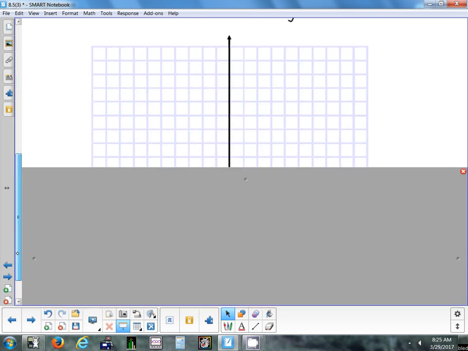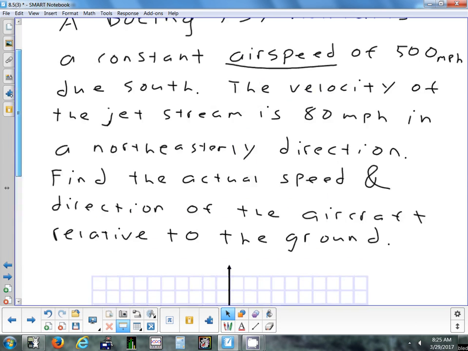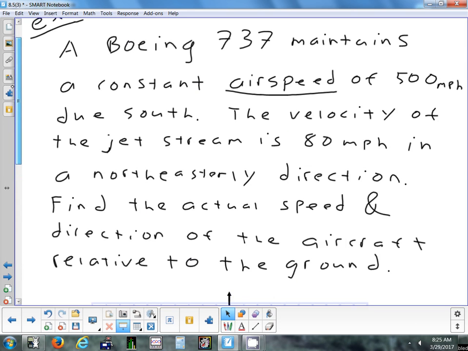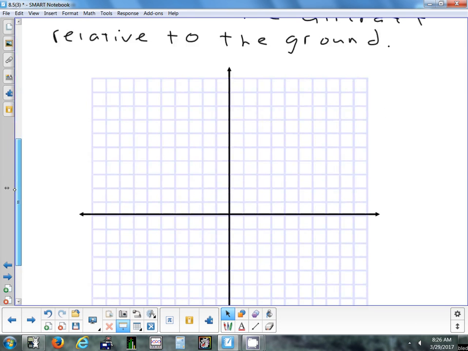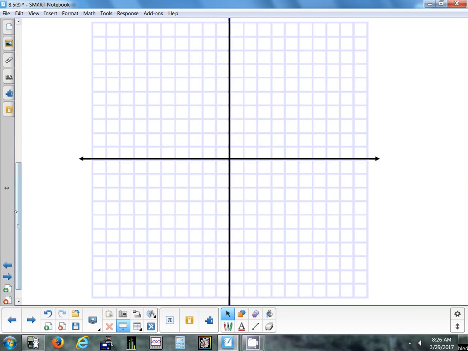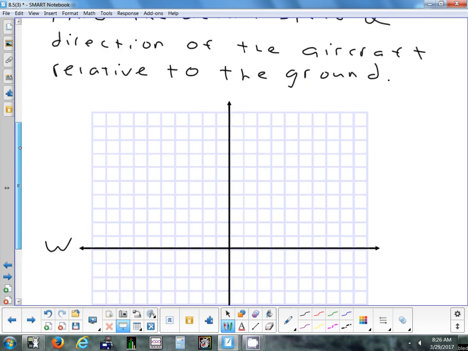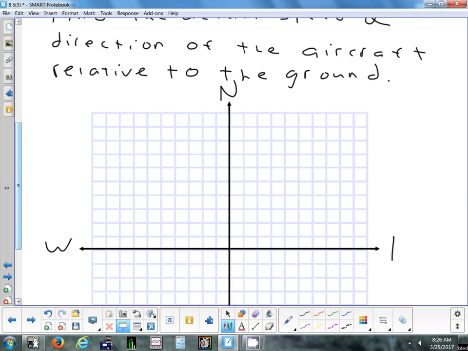Okay, so I'm going to draw all this out on here. So the first thing is I have a plane flying 500 miles per hour south. Okay? Just to be clear, what direction is south on here? Down. Okay, so this would be south, that's west, north, and east.